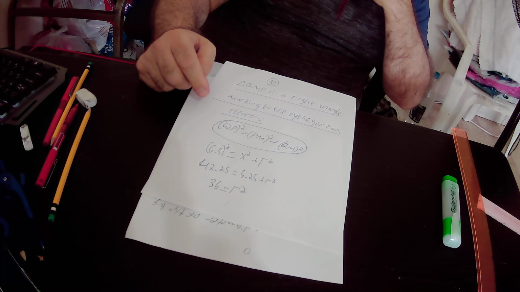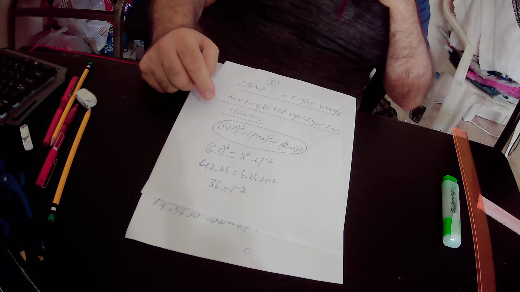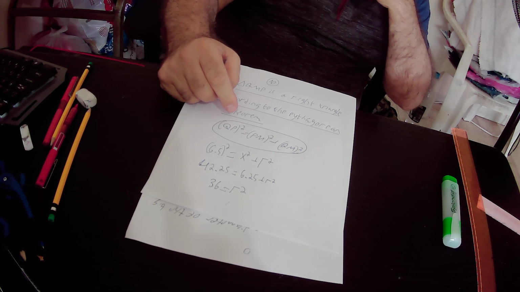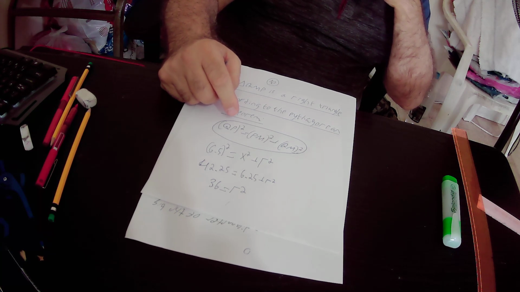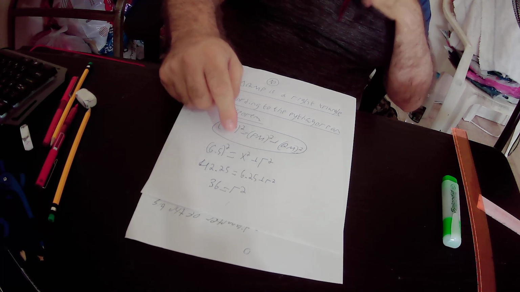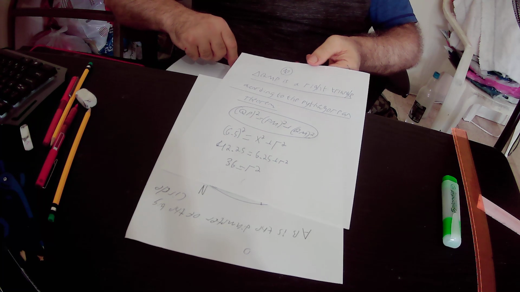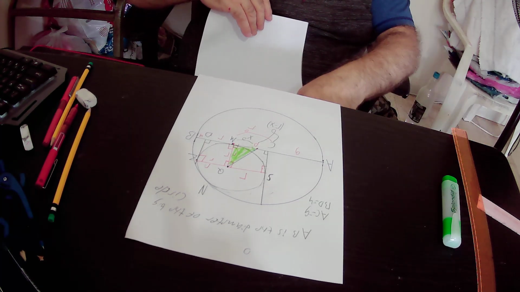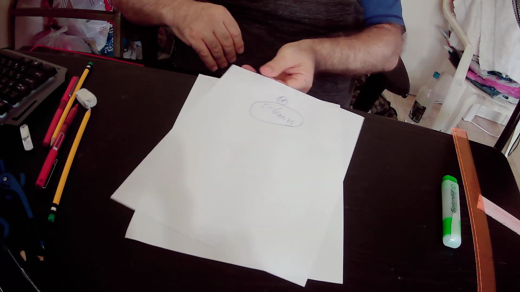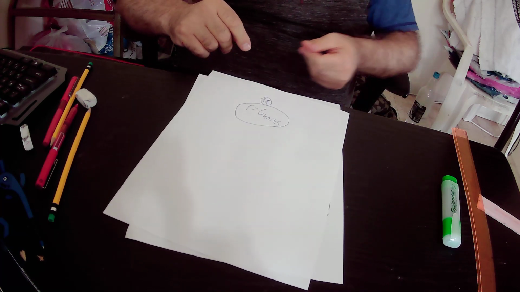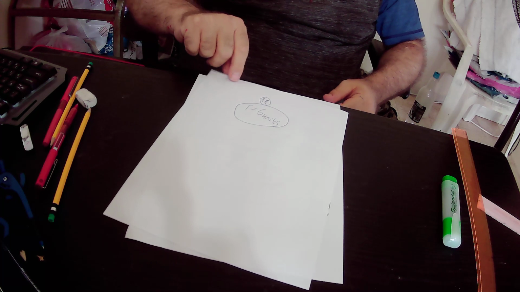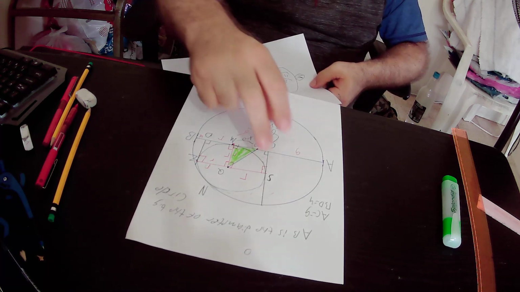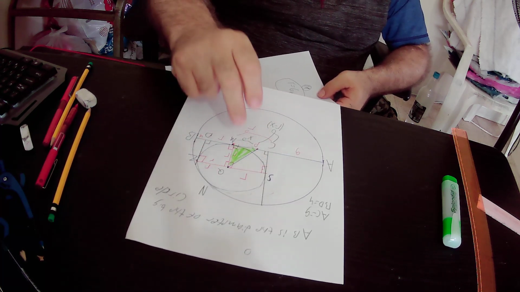Again, we have all the values of this equality, and the only missing variable is the radius of the circle. We put the data inside this equality, and we found that the radius of the small circle equals 6 units. Again, the radius of the small circle equals 6 units.